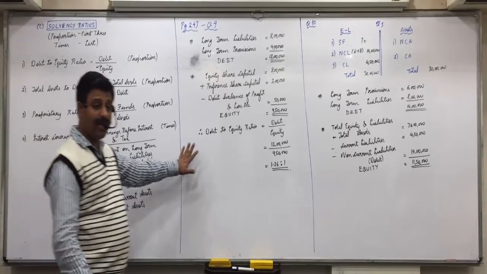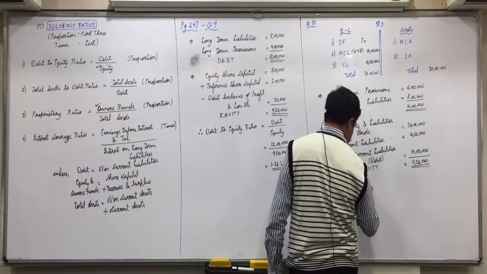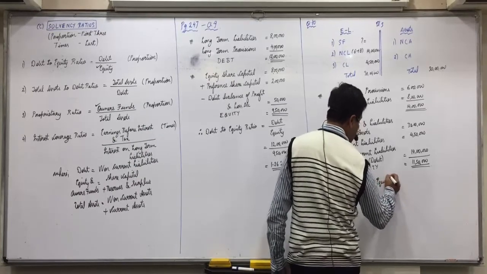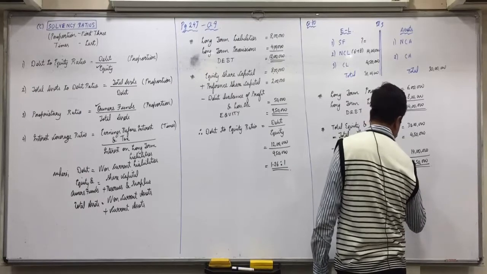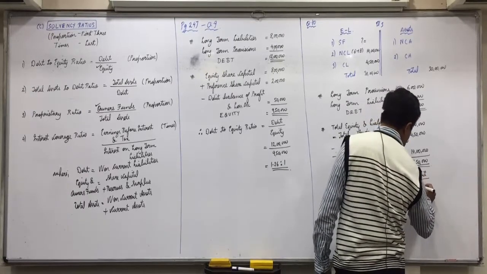Now we can apply the formula of debt to equity ratio. Therefore, debt to equity ratio is equal to debt divided by equity.